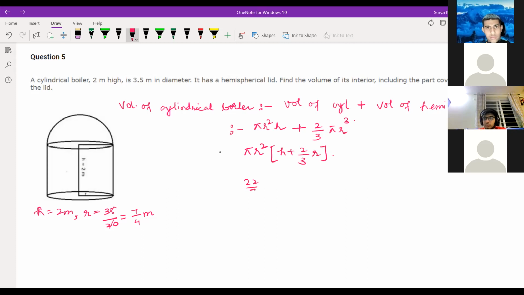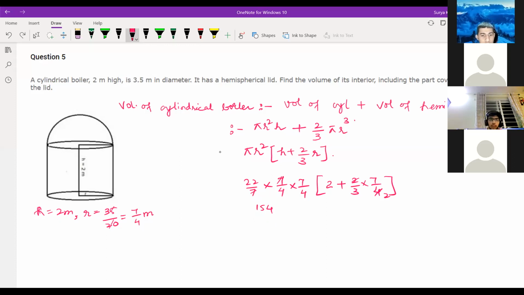So 22 by 7 into radius, that is 7 by 4, into 7 by 4, into height is 2 meters plus 2 by 3 into r. R is 7 by 4. So 2 2s are 4. You can write here 7 7 cancelled. So 22 into 7, 154 by 16.